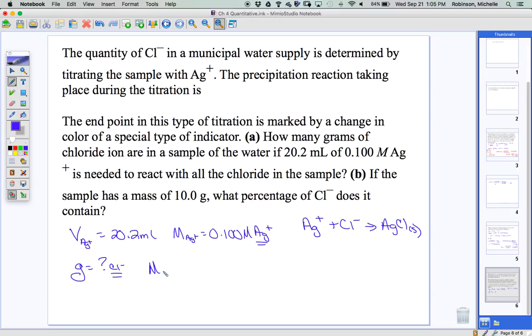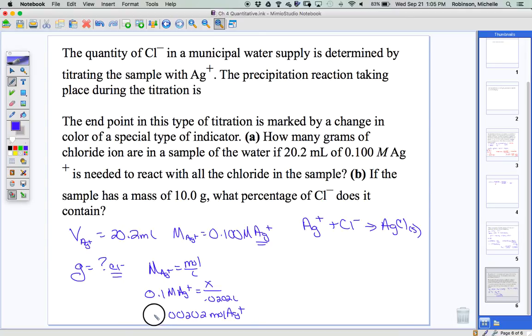So the molarity of the Ag plus will equal the moles over the liters. We know the molarity. .0202, so that gives us .00202. Make sure I did my math right.